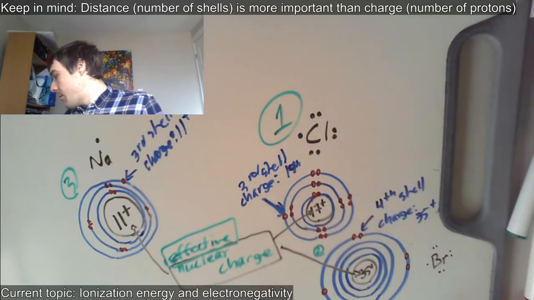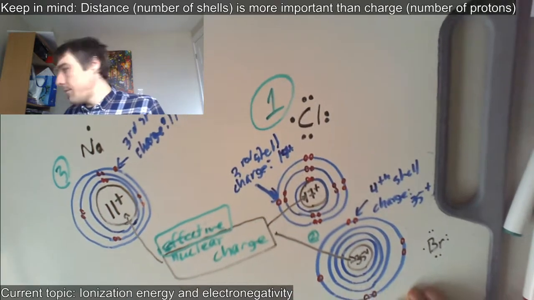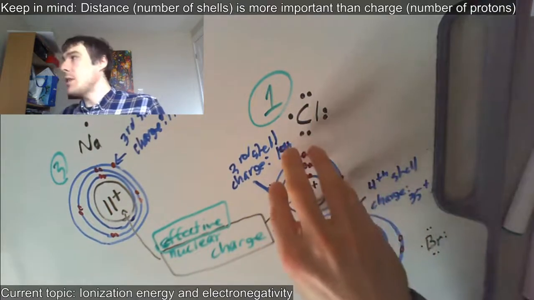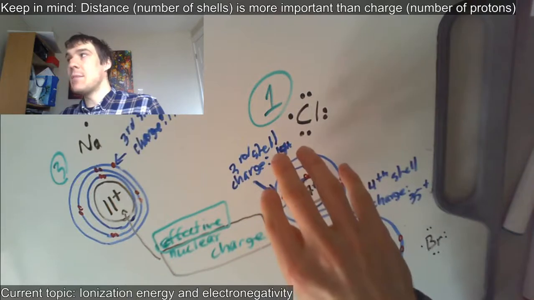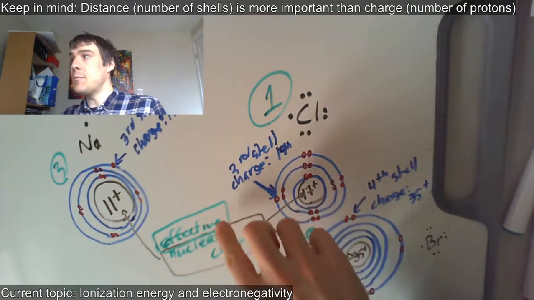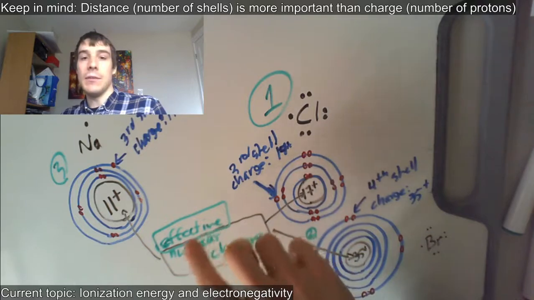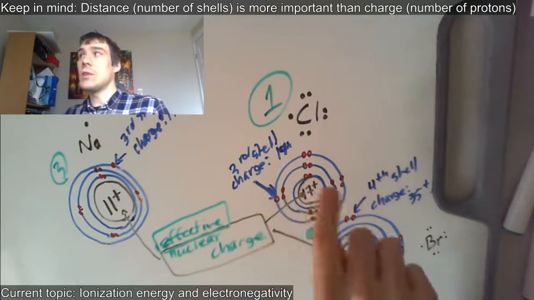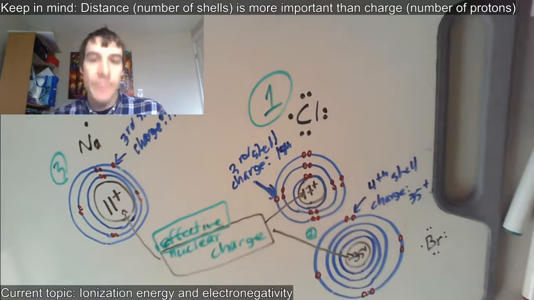And bromine, if you move up a thing, you've got fewer shells, so the distance becomes smaller. So this nuclear charge becomes more effective, because the distance is smaller, and so chlorine has a stronger pull than bromine.